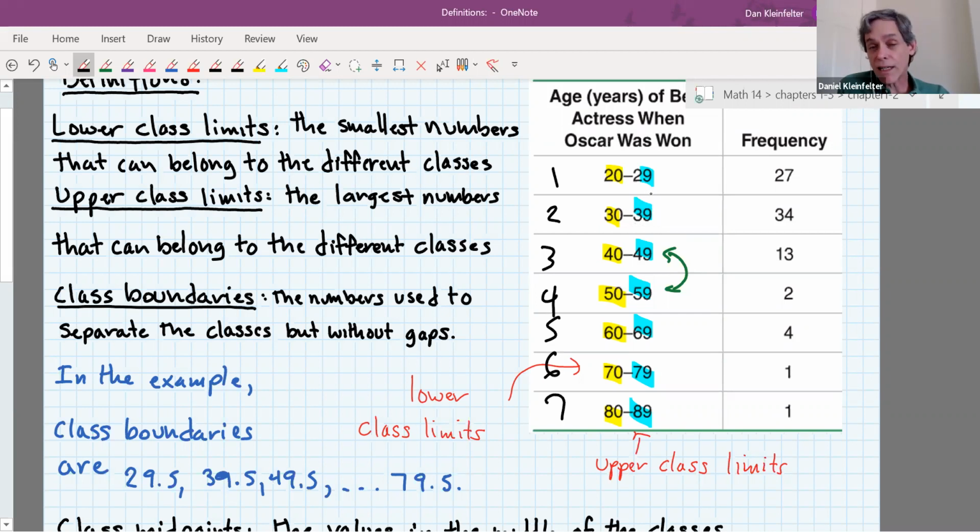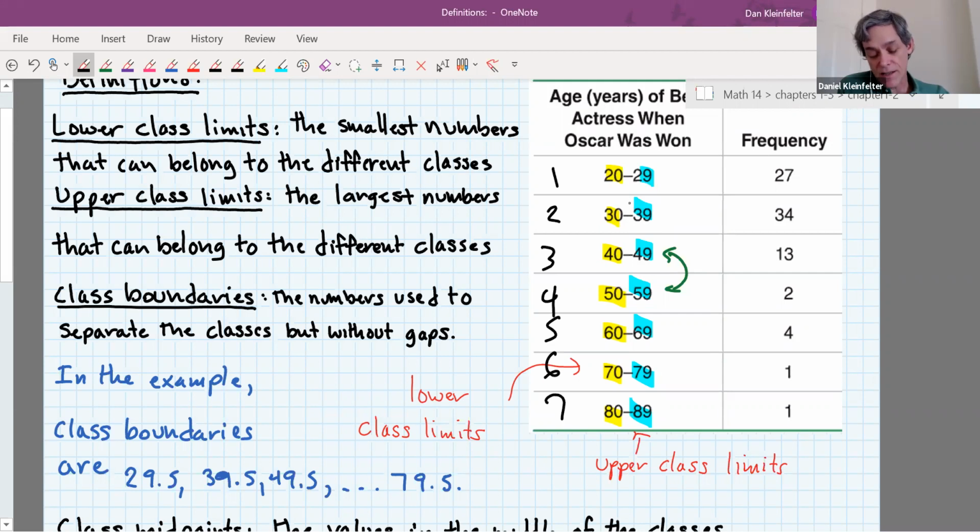If she's 29, she would be in class 1. If she's 30, she would be in class 2. What if she's 29.4? If she were 29.4, we would put her in class 1. If she were 29.6, we would put her in class 2. Basically, the halfway point between 29 and 30, which is 29.5, that's going to be the class boundary.